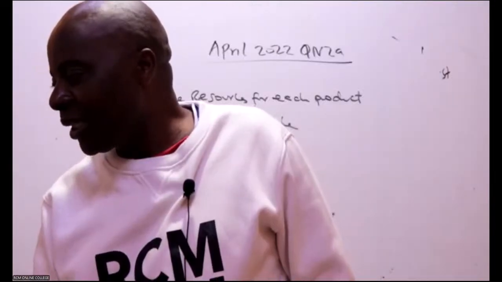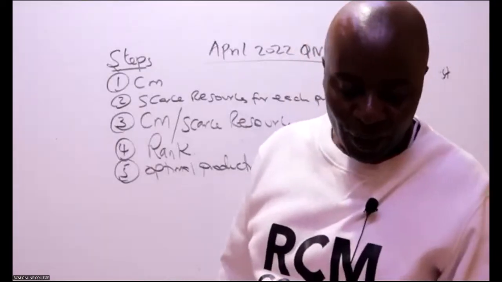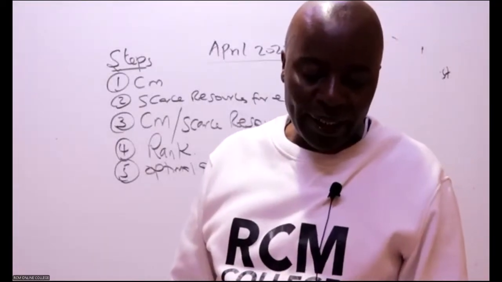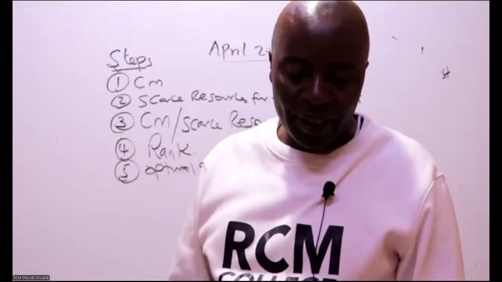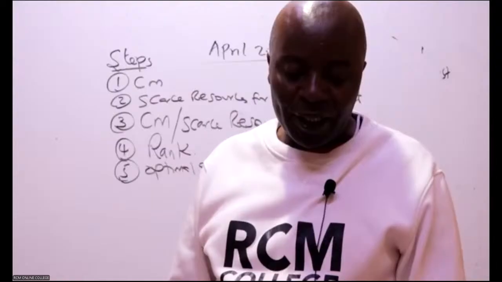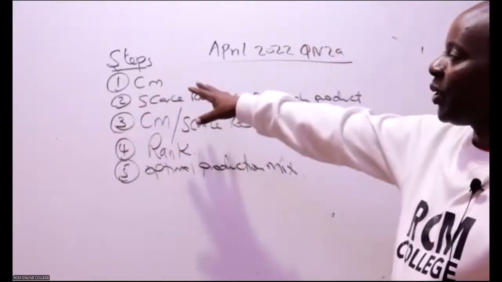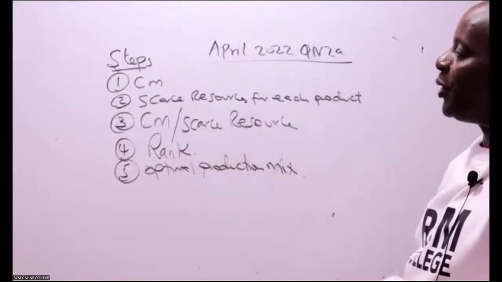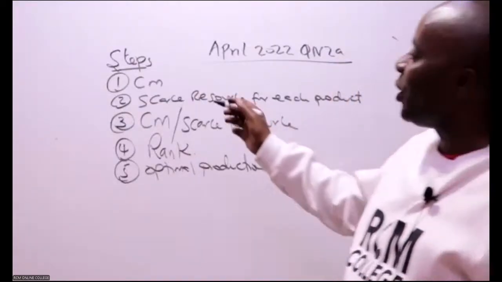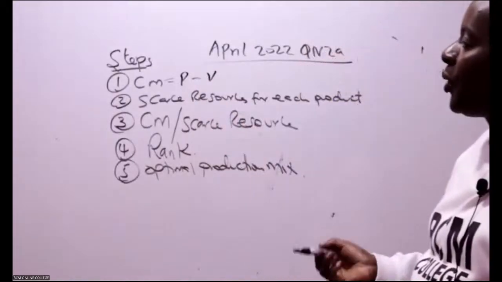So we are doing this April 22 question 2A, which I've read, and of course the required. They want us to advise the management of Zinc Limited on the most profitable production mix and optimal profit using limiting factor analysis. So the basic steps are these. Step 1, you give us contribution margin. Remember what we said about contribution margin: you take price minus all the variable costs.